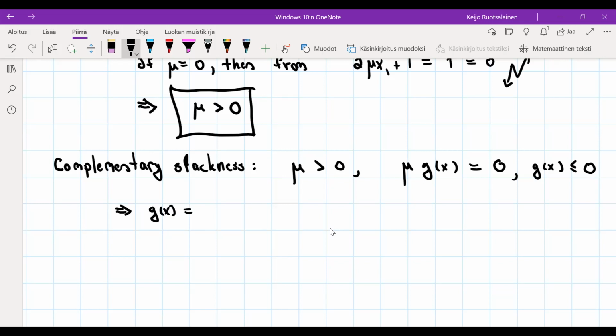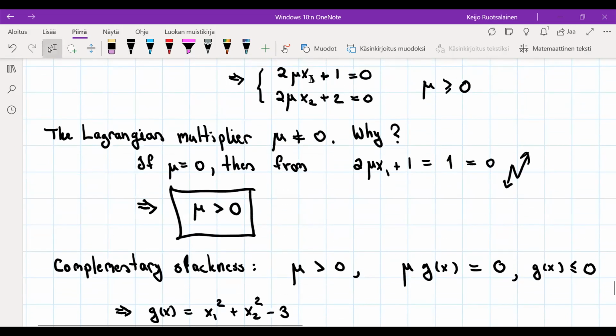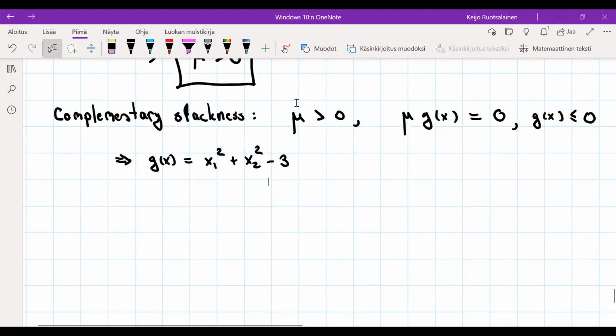So we must have x1 squared plus x2 squared minus 3 equals 0. We can solve here x1. It is minus 1 over 2 mu. And x2 is minus 1 over mu.